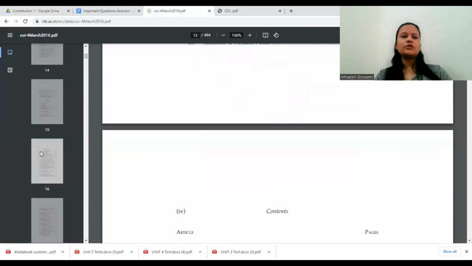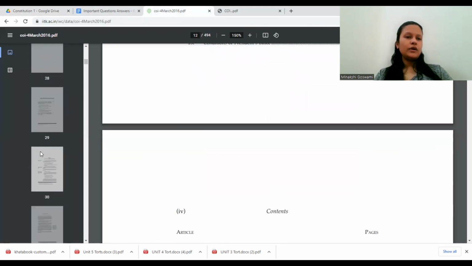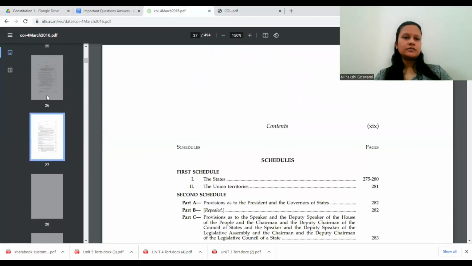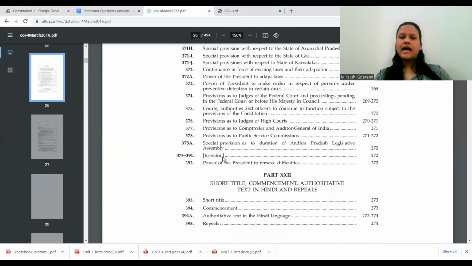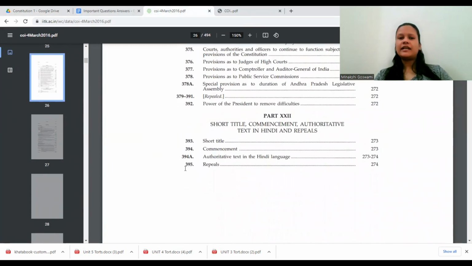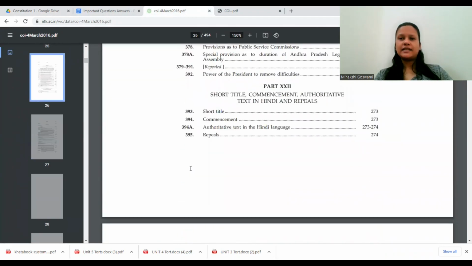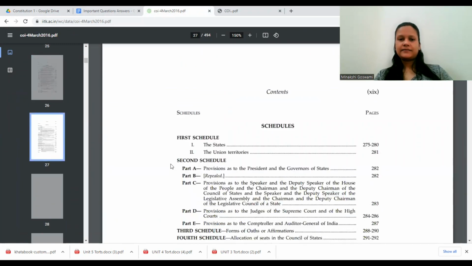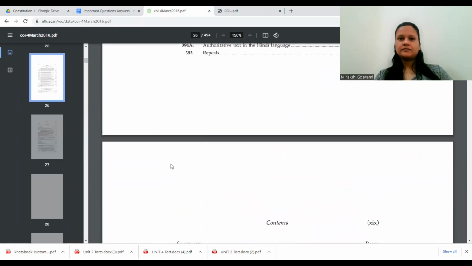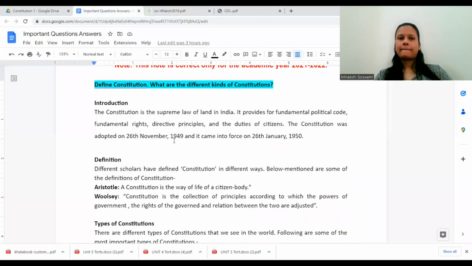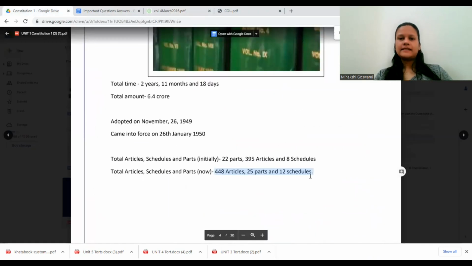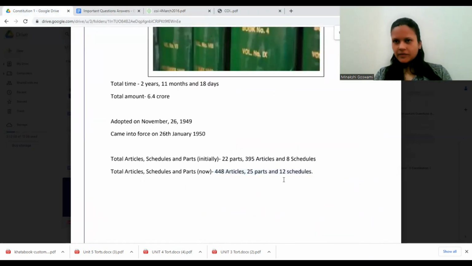Okay, but even today, if you look at the Constitution, see, last article is still 395. But we are saying 448 articles are there. So why so? What about the remaining articles? Okay.